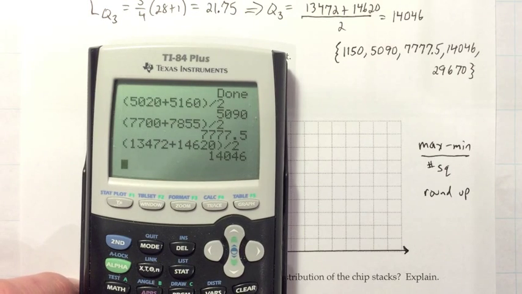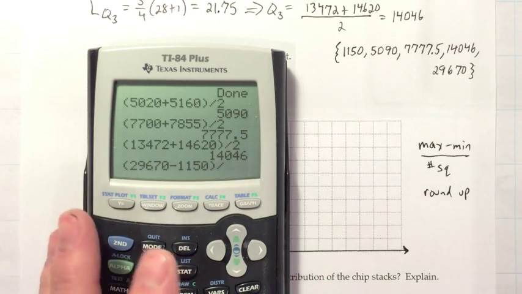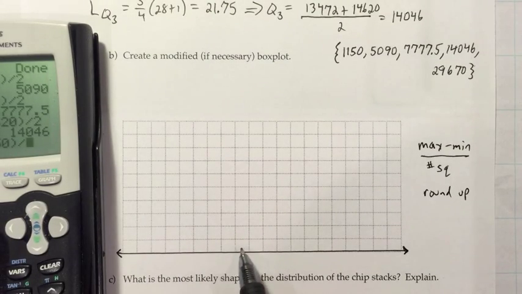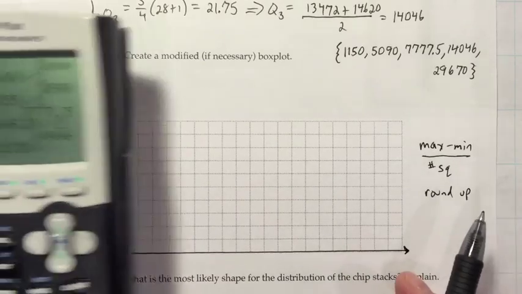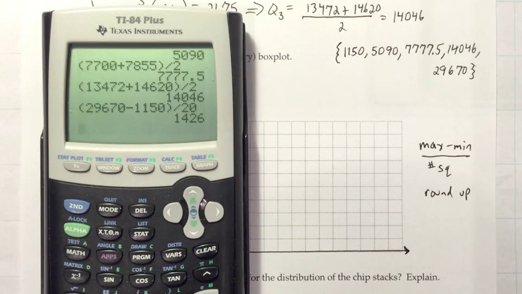I would take the maximum number, 29,670, subtract the minimum, 1150, and divide that by the number of squares. So you just need to count those. 1, 2, 3, 4, 5, 6, 7, 8, 9, 10, 11, 12, 13, 14, 15, 16, 17, 18, 19, 20.